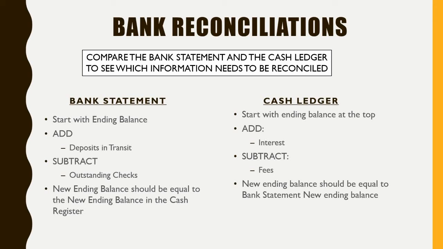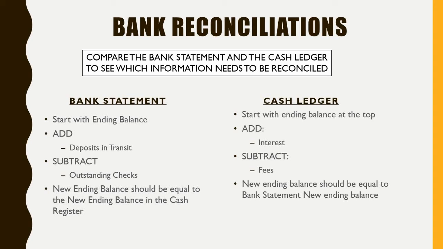Okay, so how we're going to do this is, when we're looking at the bank side, we're looking at which deposits are currently in transit, meaning which ones haven't cleared yet, which ones are pending, right?